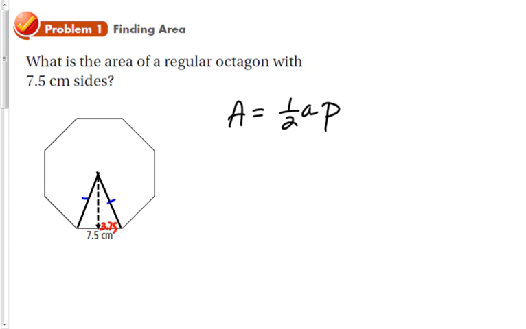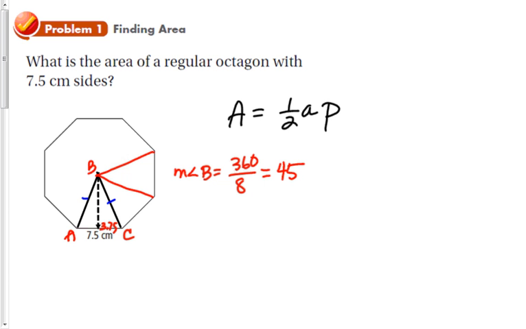And I also can find the angles in that isosceles triangle. I know that all these isosceles triangles would be congruent. Let me label this ABC. The measure of angle B is equal to 360 divided by the number of angles, since it's an octagon, that's 8, and that's 45.